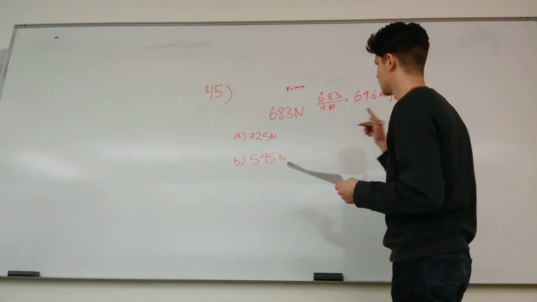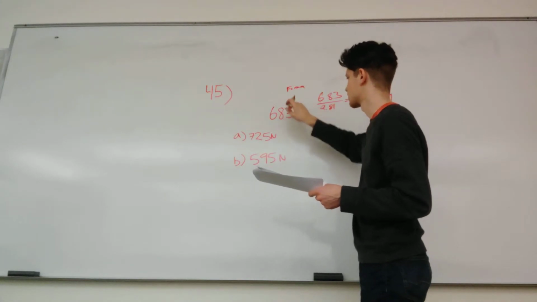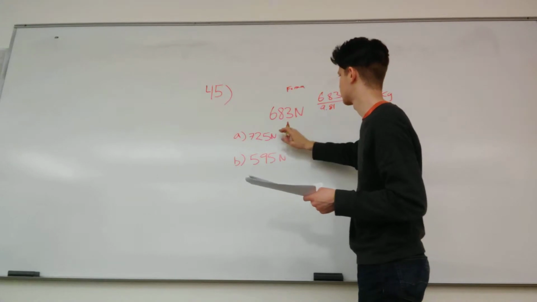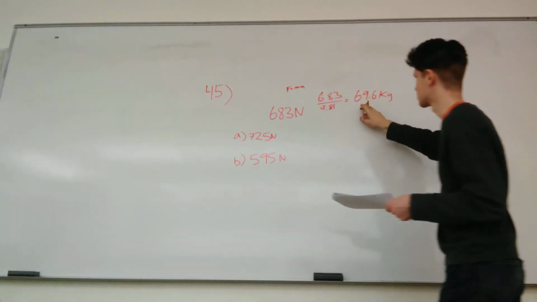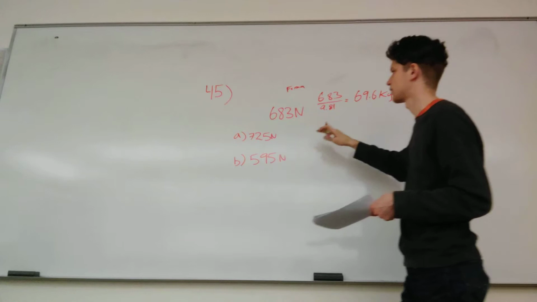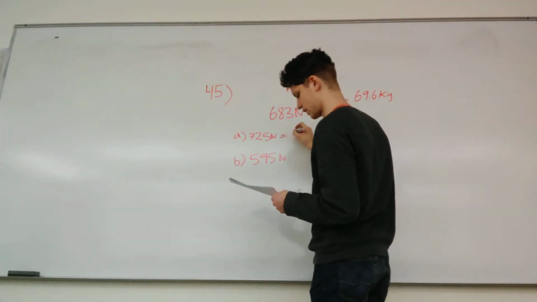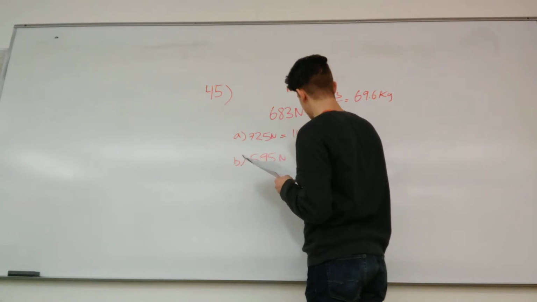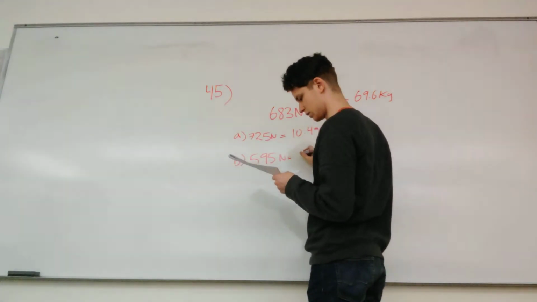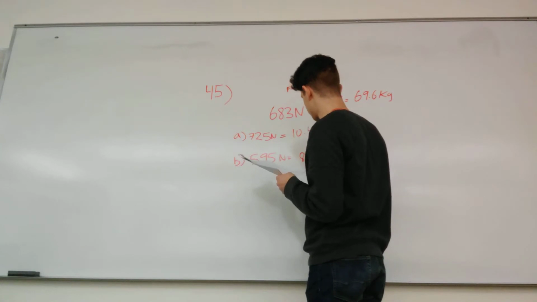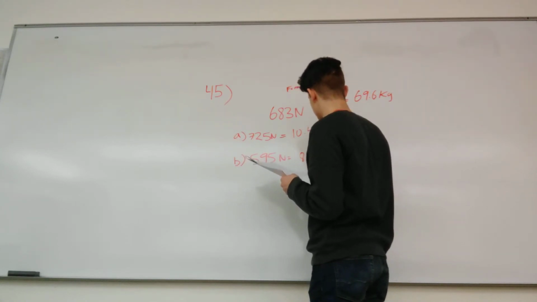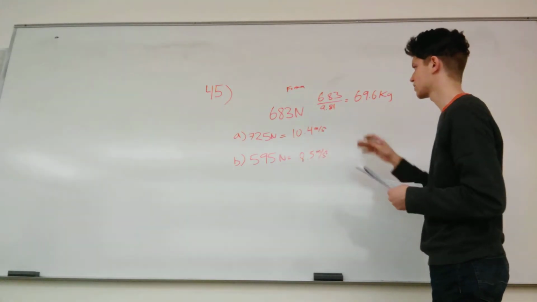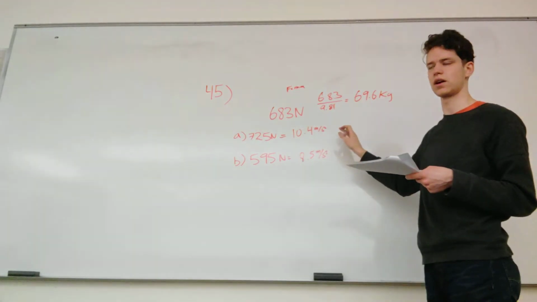Then use the same force equals mass times acceleration to figure out the acceleration for both. You take the force divided by the mass you just calculated, and that gives you the acceleration. This one comes out to be 10.4 meters per second squared, and this one comes out to be 8.5 meters per second squared, roughly. But these are the total acceleration acting on the person.